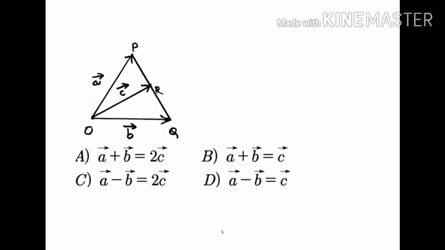The options are: option A, A bar plus B bar is equal to 2C bar; option B, A bar plus B bar is equal to C bar; option C, A bar minus B bar is equal to 2C bar; and option D, A bar minus B bar is equal to C bar.